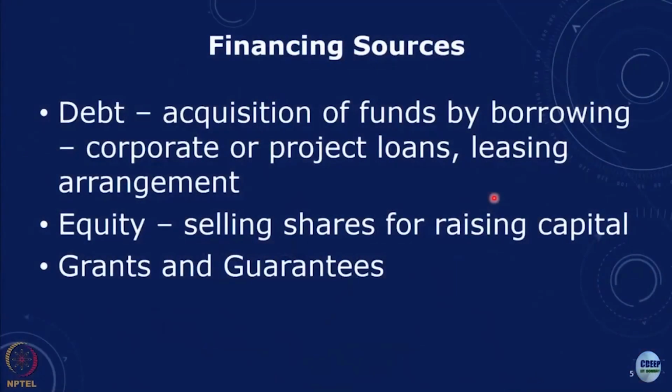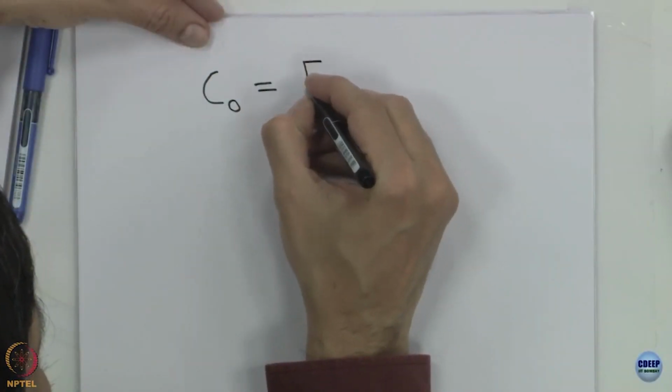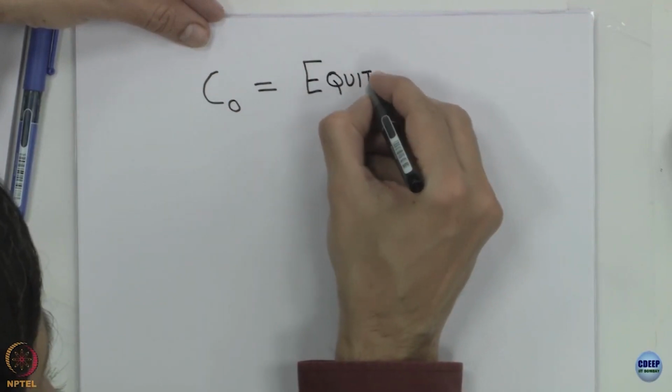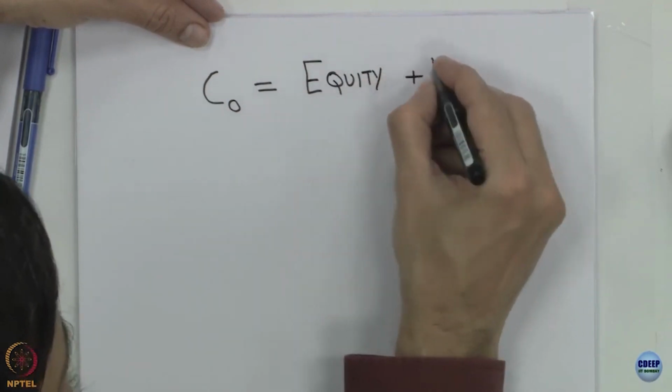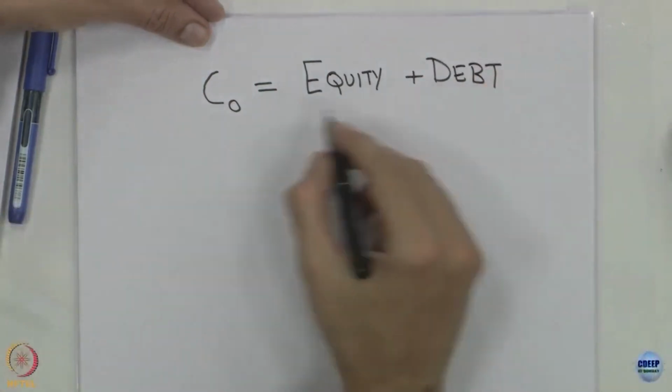So when we are talking of financing, we are differentiating between, if we look at this C0, C0 will be equal to the sum of the equity plus debt. Equity and debt.